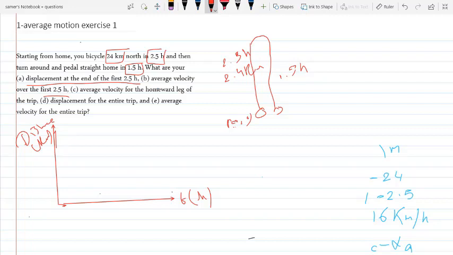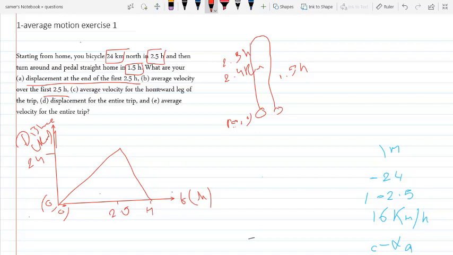At the beginning you are at 0 distance, 0 time. After 2.5 hours, you are at 24 kilometers from your home, and then after 1.5 hours, i.e. after 4 hours from the beginning, you are again at your home.